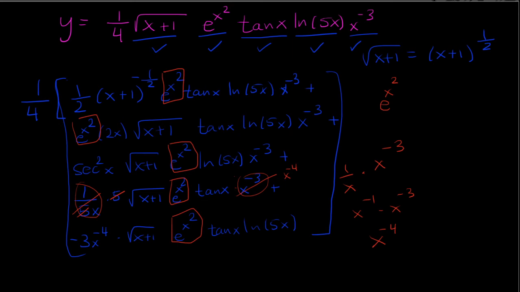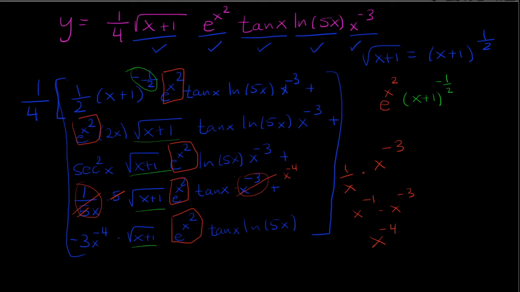Okay, so now let's revisit x plus 1 to the negative 1/2 or positive 1/2. All of these, the square roots are positive 1/2, but this is a negative 1/2. So in this case, you always choose the one with the smaller exponent. So that's going to be negative 1/2.